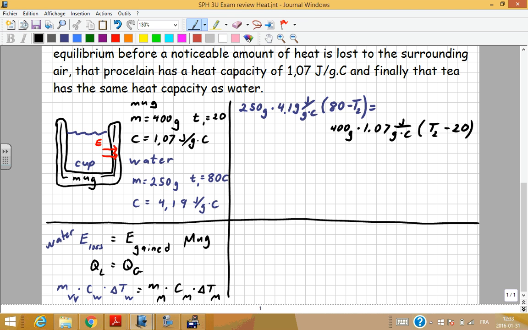Okay, so now we'll do a bit of calculations. We want to solve 250 times 4.19, and we'll also do the 400 times 1.07.